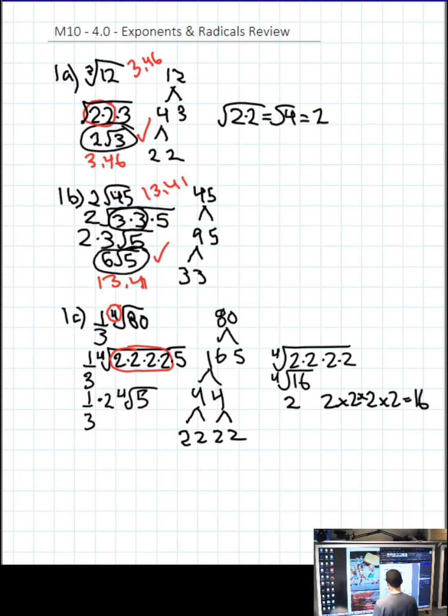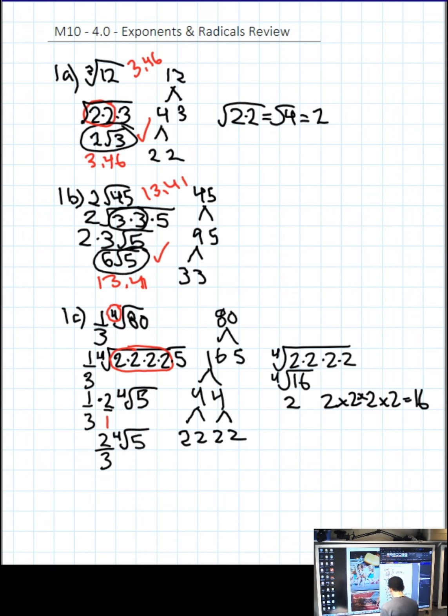So 1/3 times 2, 2 is over 1, and if we multiply the tops, we're going to get 2... I'm going to erase that and correct it in red. So if we multiply fractions, 1 times 2 is 2, and 3 times 1 is 3, 4th root of 5.